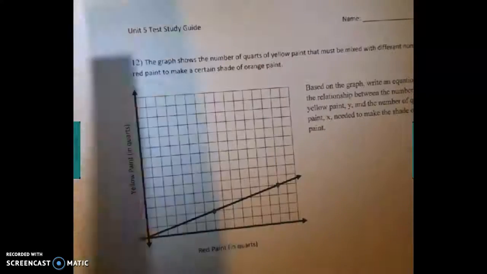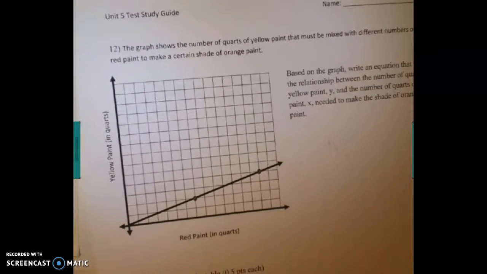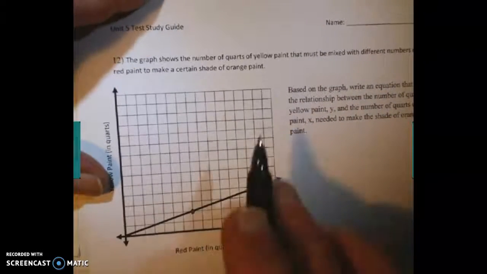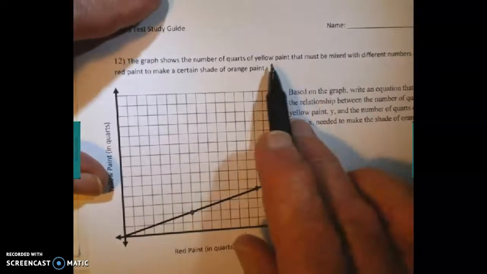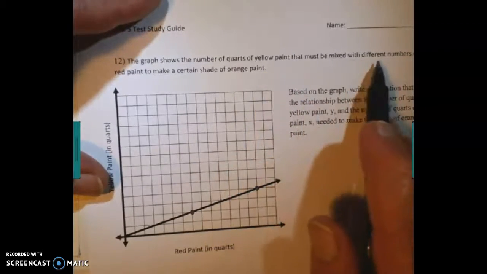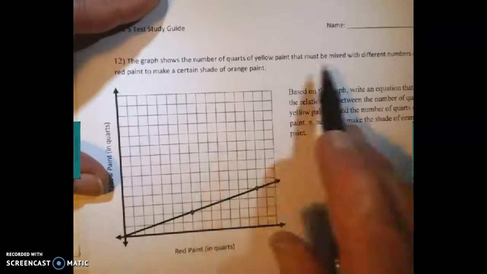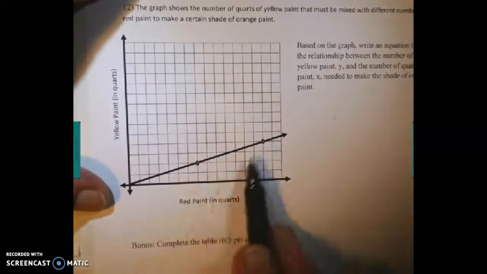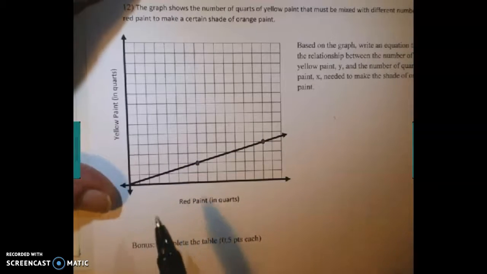And question number 12. Again, a graph. It's comparing the amount of yellow paint used to the number of quarts of red paint that are used. You can read it out of the words, or you can read it off the graph.